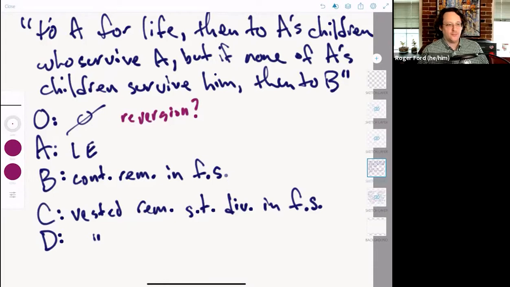It doesn't go to A's children because they haven't survived A yet. And it doesn't go to B because we don't know yet that none of A's children have survived A. So in that case, yeah, it would go back to O. Does that part make sense to everyone?